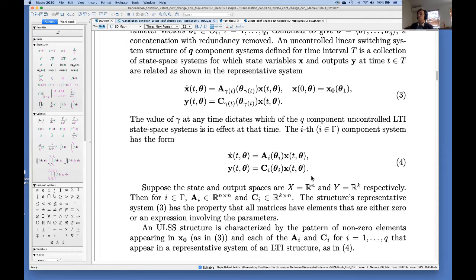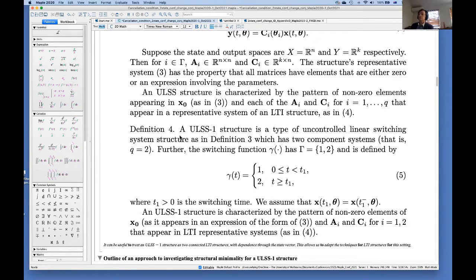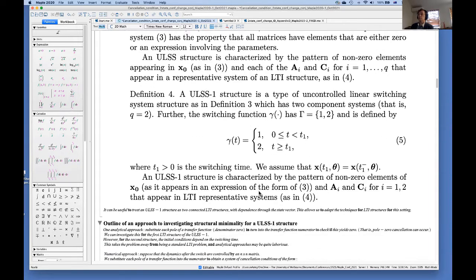And so each individual subsystem is just linear time invariant. We're looking at the uncontrolled case. And in our special case, the ULSS1, one switching event, then you either have one or two. So it's really just two coupled systems where the first system runs for a certain amount of time, and then you get another system, so with an abrupt switch between the two.